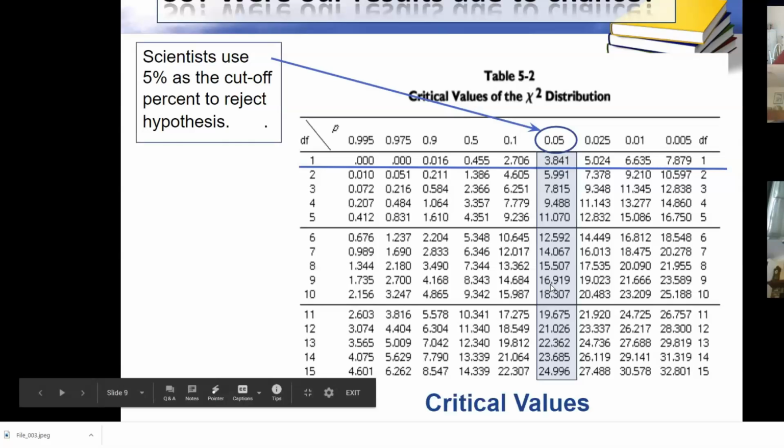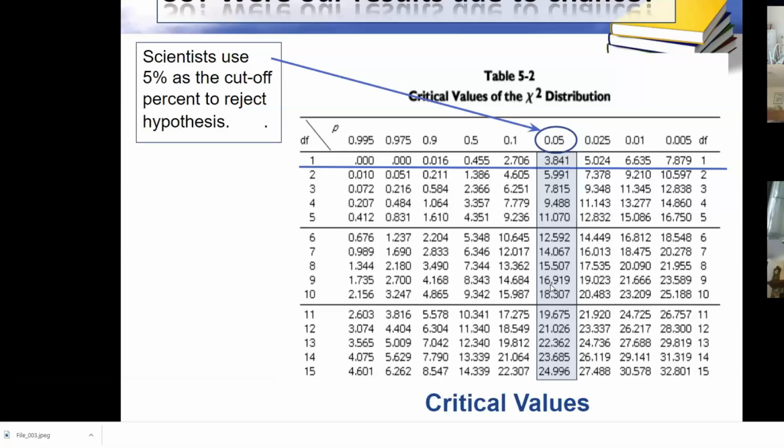So that's the cutoff to reject a hypothesis. Basically it's saying you can expect variations due to chance, that much variation, 5% of the time.